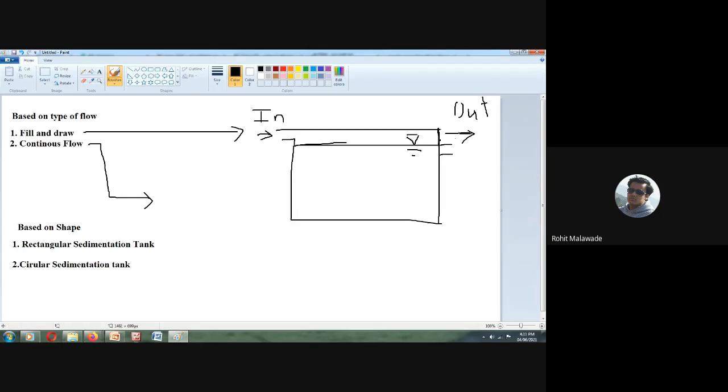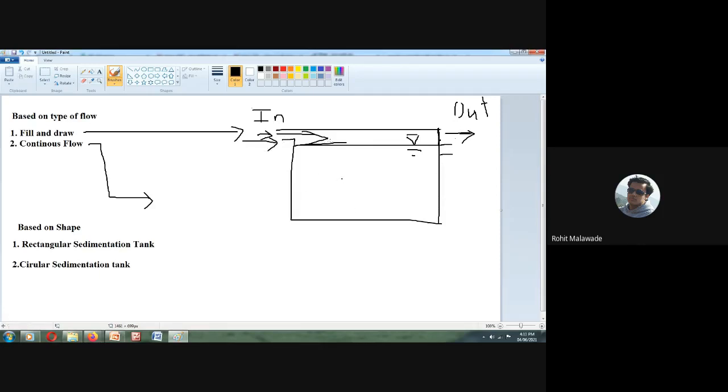In this particular tank, we allow the water to come in through this inlet. Right after screening, we allow the water to enter this sedimentation tank.